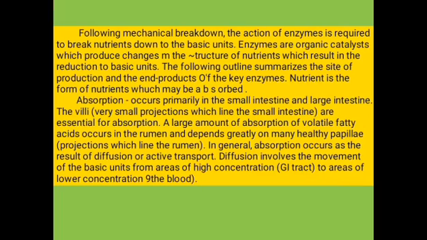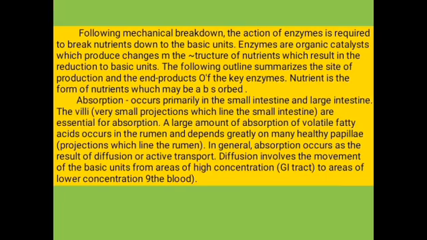Absorption occurs primarily in the small intestine and large intestine. The villi, very small projections which line the small intestine, are essential for absorption. A large amount of absorption of volatile fatty acids occurs in the rumen and depends greatly on many healthy papillae, projections which line the rumen.